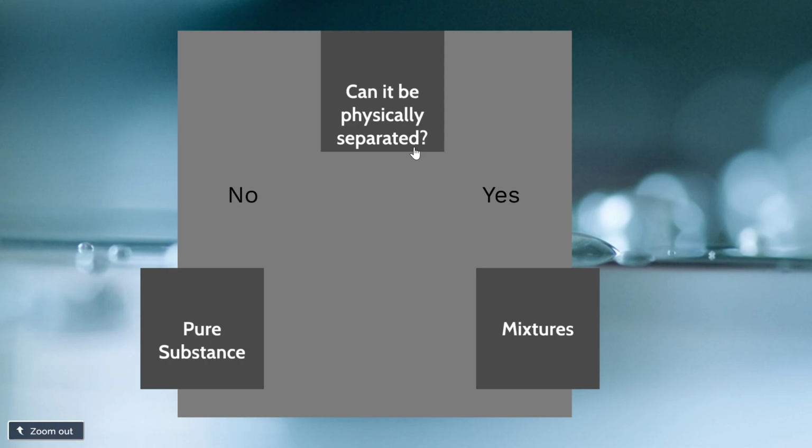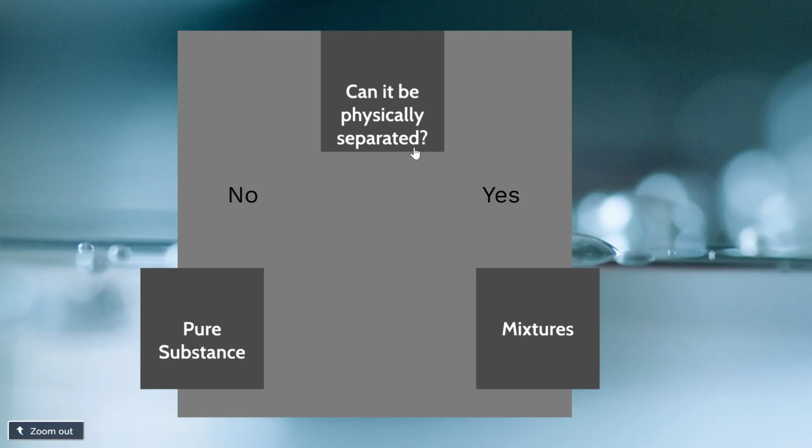If you are able to spin it around really fast and then take the less dense stuff from the top, sort of like what happens when they take plasma out when you donate blood, that's an example of a physical separation too. They're using the physical properties that plasma is less dense than the red blood cells in order to separate out the plasma from the blood cells right there.